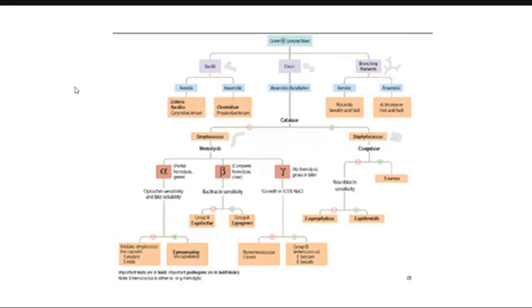and a catalase negative would be your streptococcus. Going further down, if it is already catalase positive, you get your staphylococcus and you would like to identify one from the other. The test you will do now is the coagulase test, differentiating Staphylococcus aureus from the other medically important staphylococci.